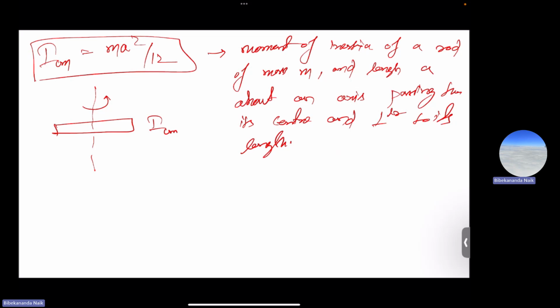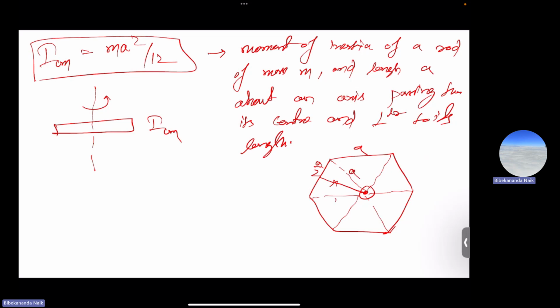But here, when the single rod is bent into a hexagon, we need to calculate this distance. This is a by 2, and this is a again.